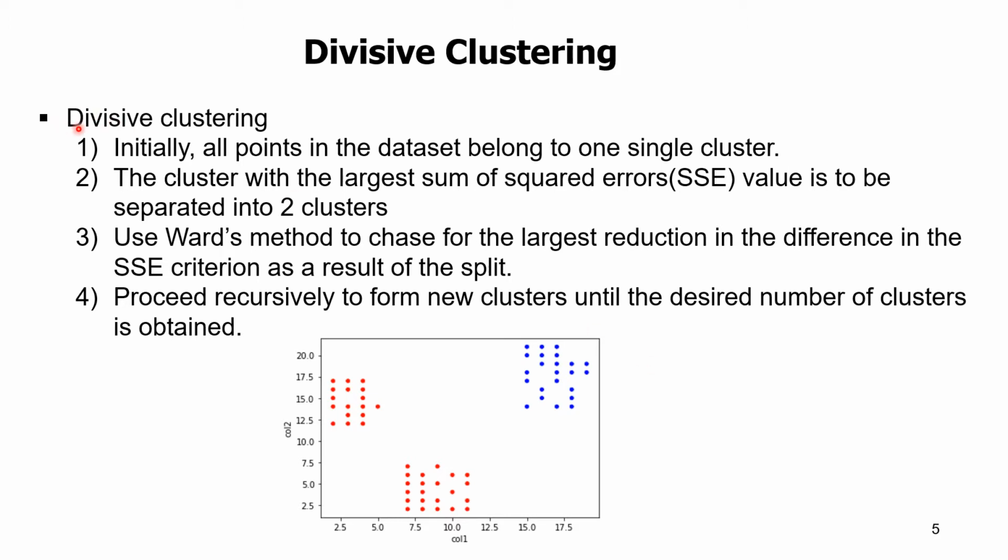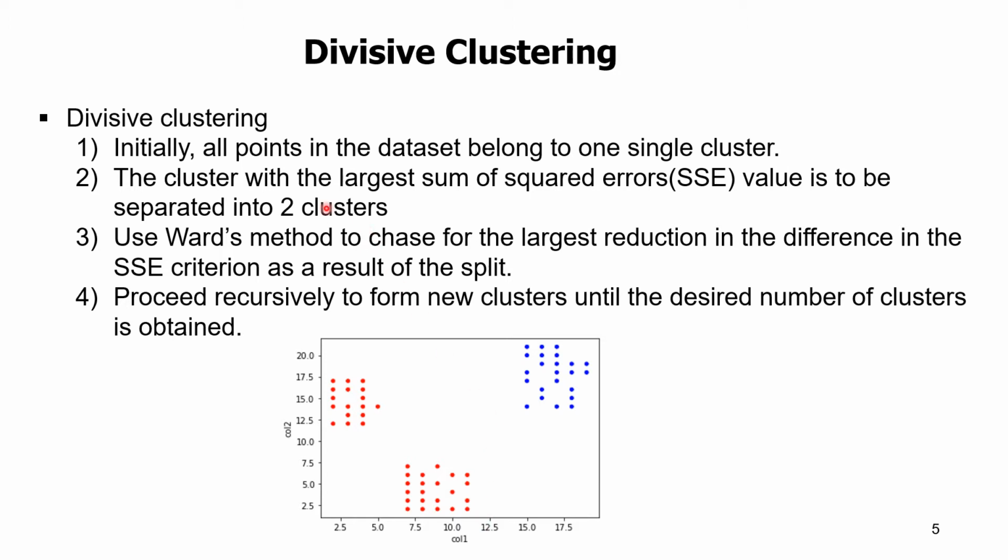In divisive clustering, in the beginning, all data points belong to one single giant cluster. And then the next question is which cluster you're going to divide into two subclusters. For example, let's say we are in the middle of clustering, and right now you have two clusters, a blue one and a red one. You have to decide which cluster you're going to divide.